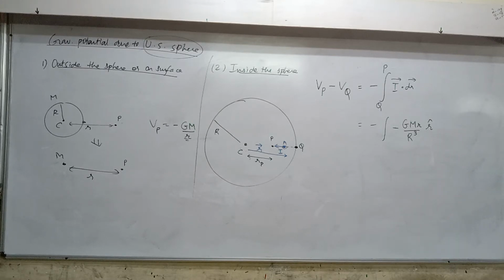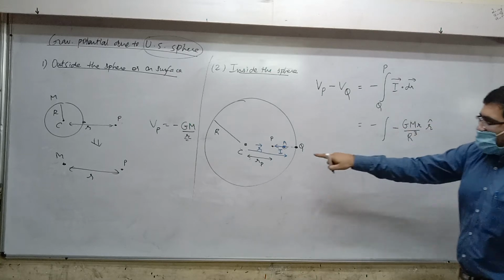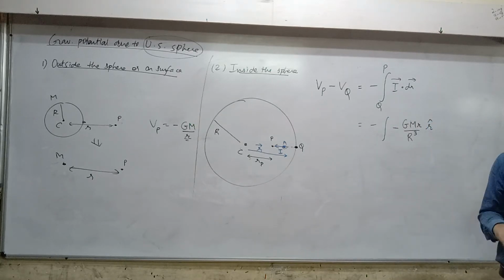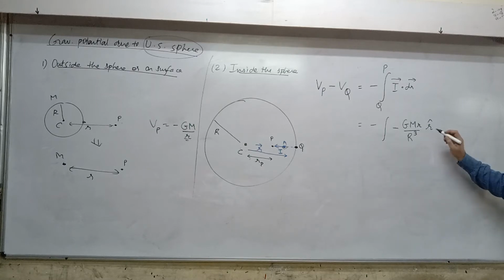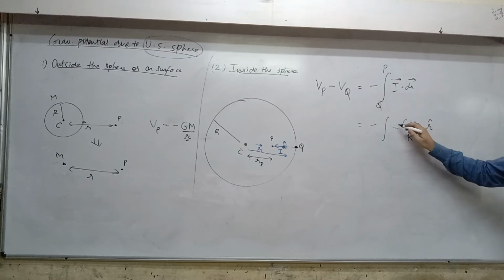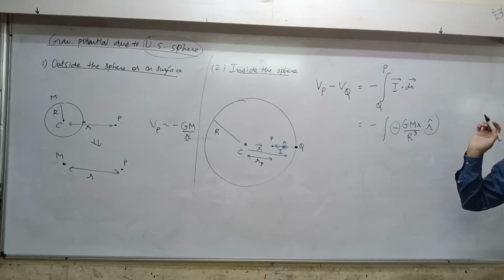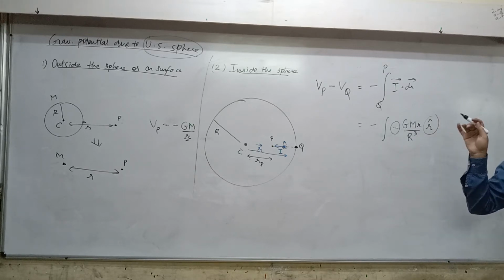R vector is towards which side? Right side. But I vector is towards the left side. So we can say that the direction of I vector is opposite of R hat. R hat is a unit vector for R vector.